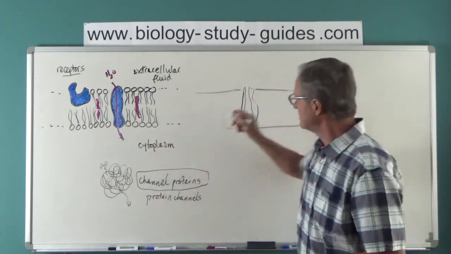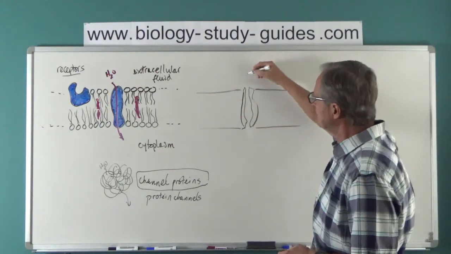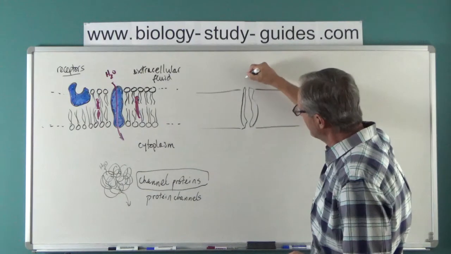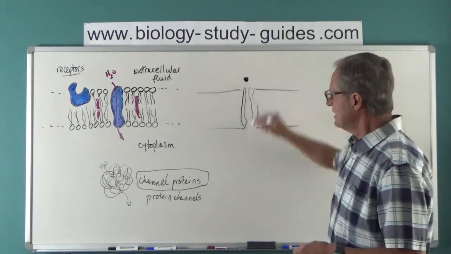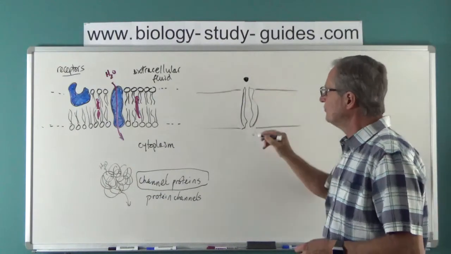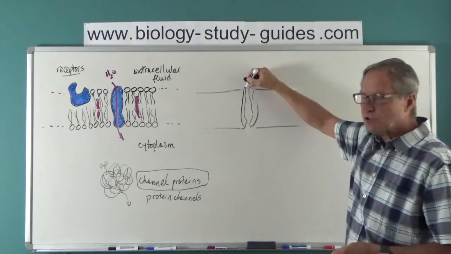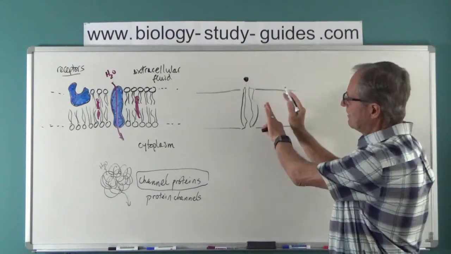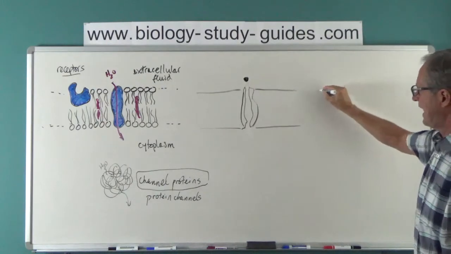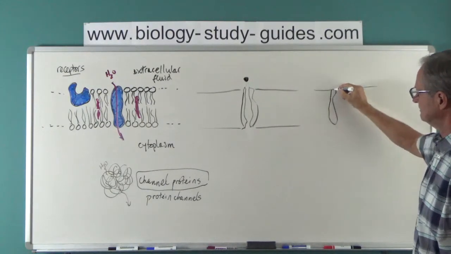Same sort of thing as this, but this one has a particular space through it like that. And what can happen is there'll be a substance in the environment. Let's say it's going to go from the extracellular fluid to the cytoplasm. This substance can chemically interact with this protein, and when it does, that's like a before picture, and this can be an after picture, or partially after picture.